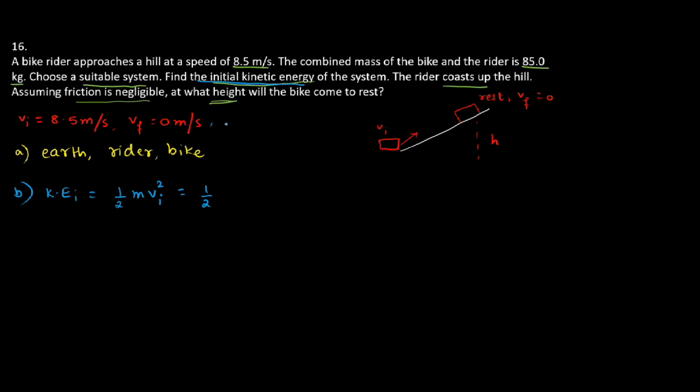Half, mass of the rider here is 85.0 kilogram. We substitute half times 85.0, V is 8.5 squared. And when you solve this, you get your initial kinetic energy to be equal to 3070.6 joule.